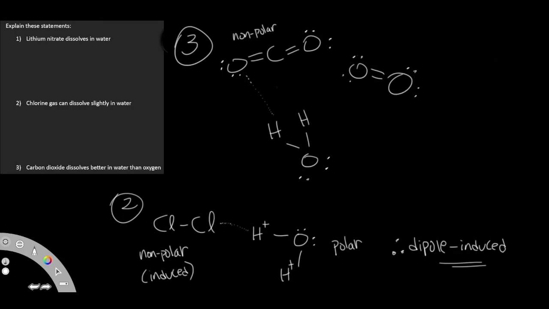Why is this the case? Because there is more separation of charges. Positive, slightly negative due to electronegativity difference. This one over here, slightly positive, slightly negative. It's because there is a lot of separation of charges here. It's going to want to be polarized with another molecule that is polarizing. This here is slightly positive on this end, so it's likely going to want to interact this way. It definitely would not want to interact this way, because this is not polarizing.